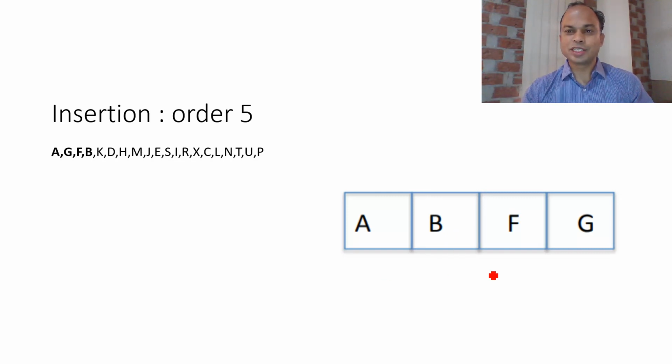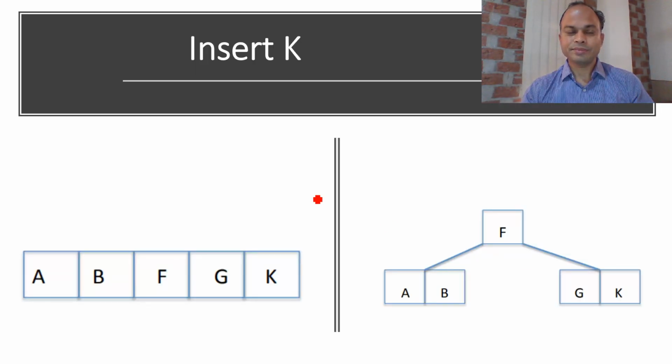At this moment there is no issue, because the maximum number of keys should be 4 and we have 4 keys here. After it, we want to insert K, and K is greater than G, so we have inserted K on the right-hand side of G. If we observe here, the maximum number of keys should be 4 and the number of keys here is 5.